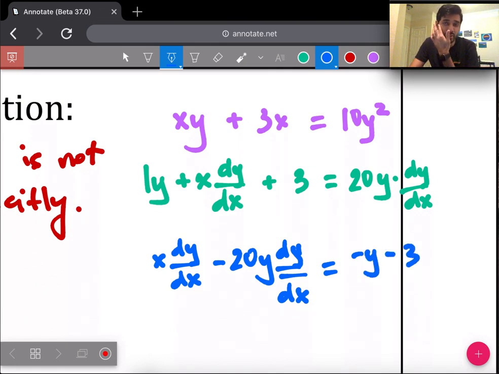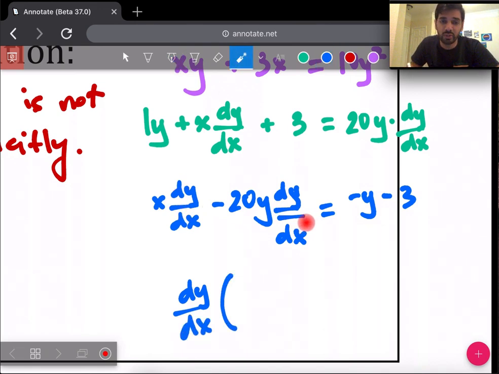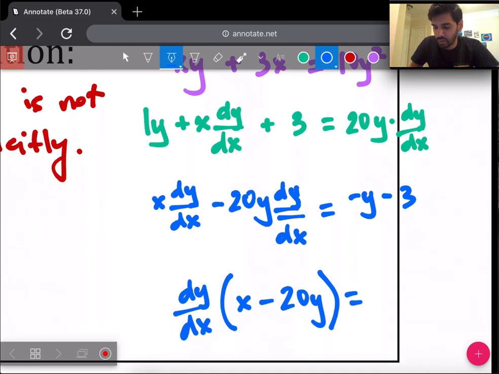And now I would just continue and solve this out by factoring. So I would have dy dx, factoring that out since both of these terms have a dy dx. I would be left with x minus 20y on the inside, and then I would have negative y minus 3 on the other side. And my last step here would be to divide by this x minus 20y.